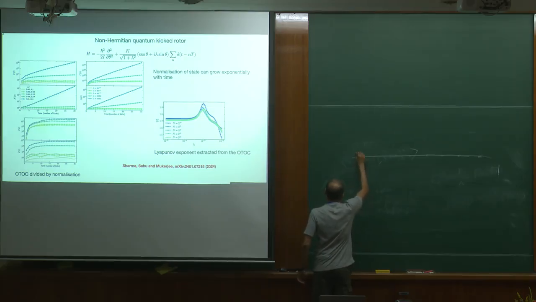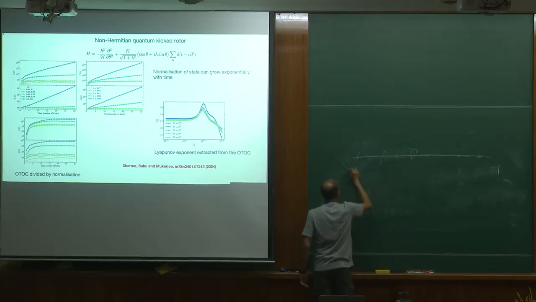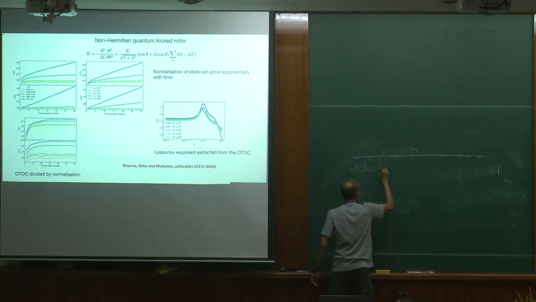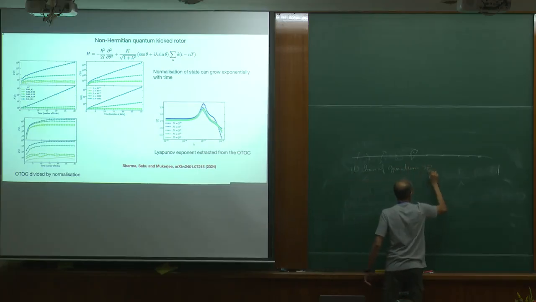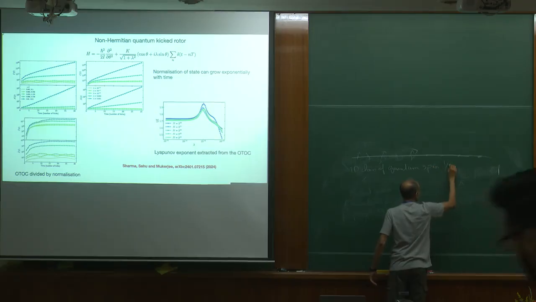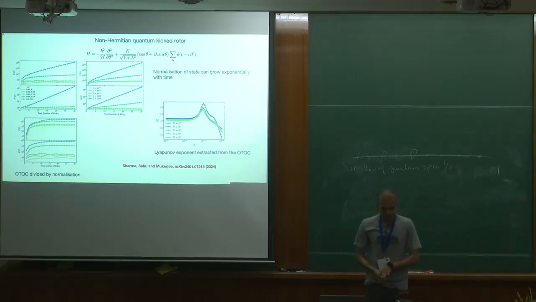This is just schematic, but these are all quantum spin halves. So a 1D chain of quantum spin halves, described by some Hamiltonian.